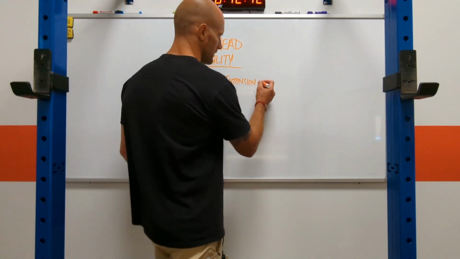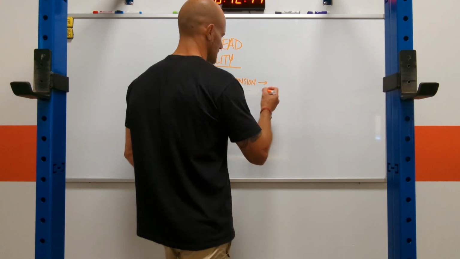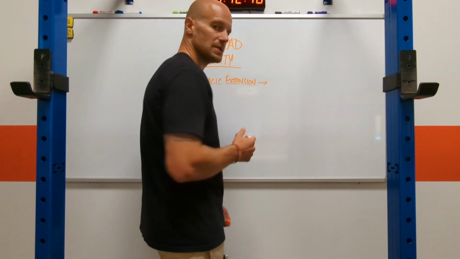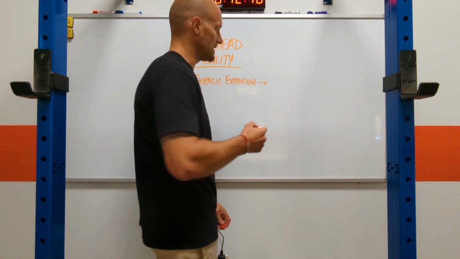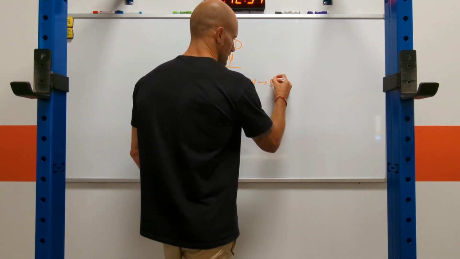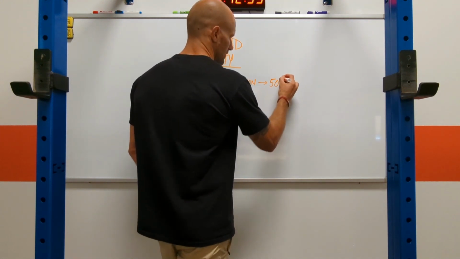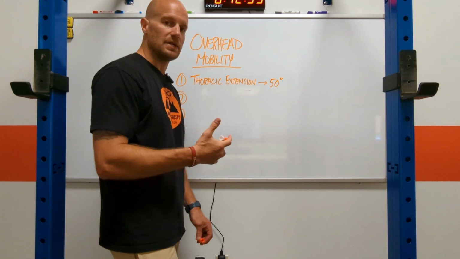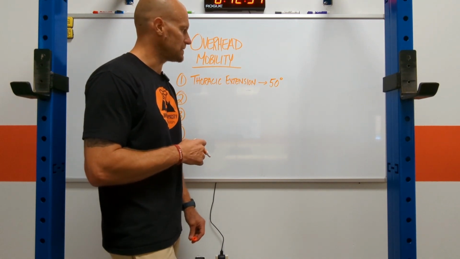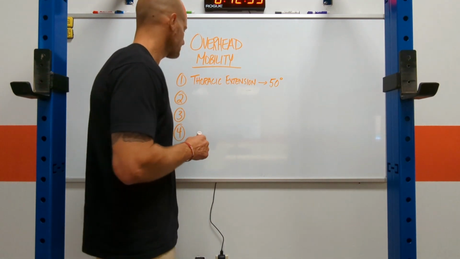And the way that we actually assess that is through thoracic rotation. We want to see 50 degrees of thoracic rotation to each side.